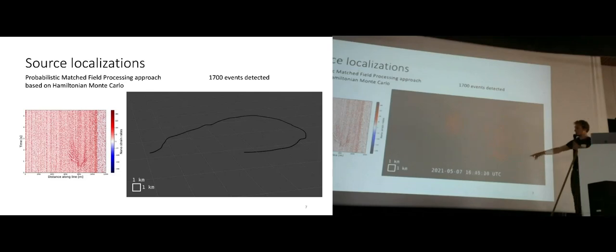You can see down here the time, so we actually measure quite a lot of them. Some of them are quite shallow, where we think those are ice quakes. Some of them are quite deep. That's more of a volcanic tremor. Overall, we detected around 1,700 events right now.